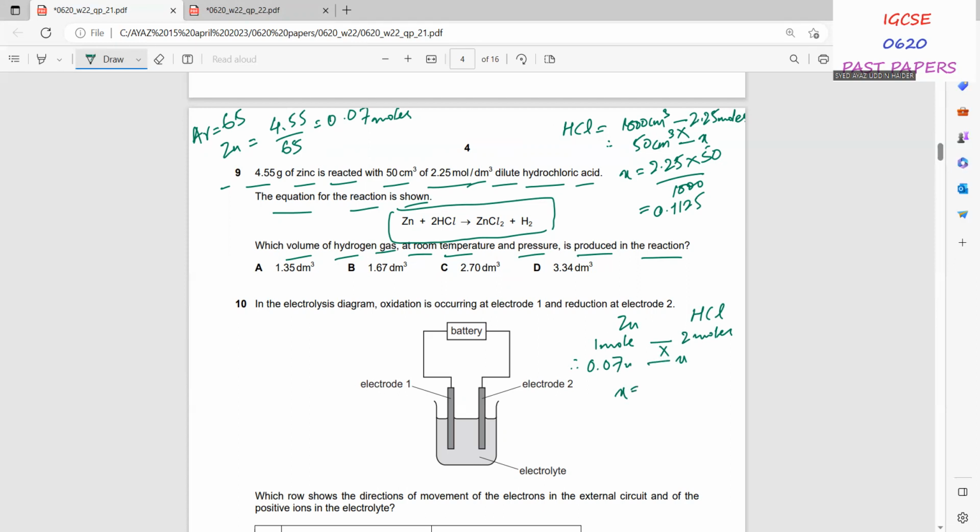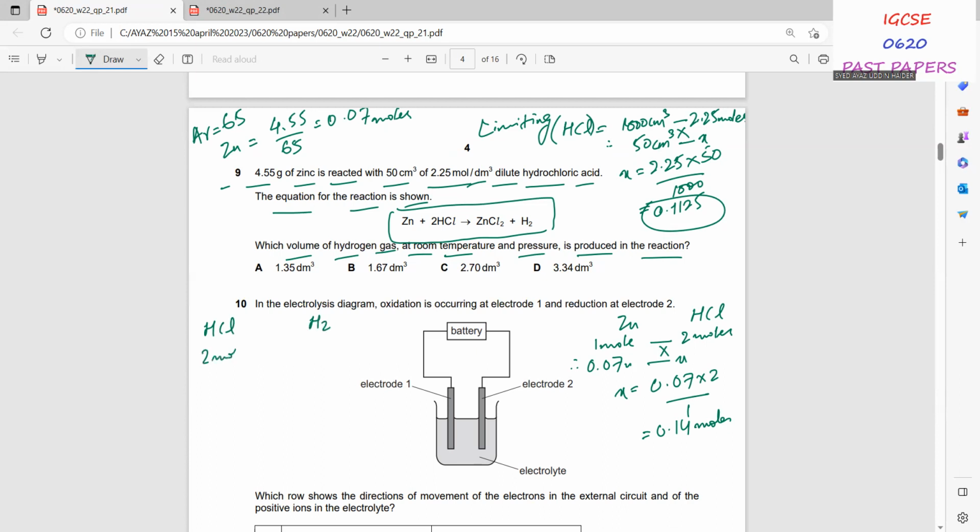X is equal to 0.07 multiplied by 2 divided by 1. 0.14, which is more than the moles of hydrochloric acid we are having, which means that hydrochloric acid is the limiting reactant here. HCl is the limiting.